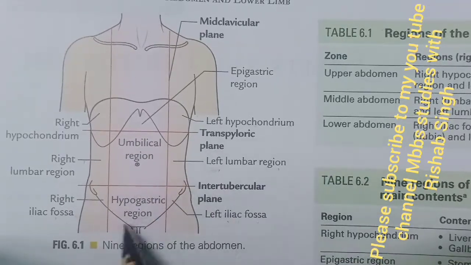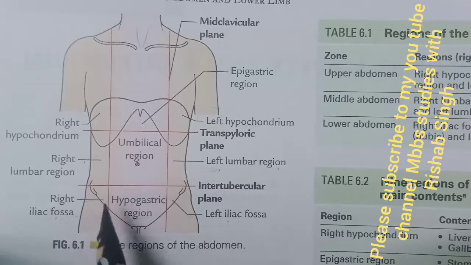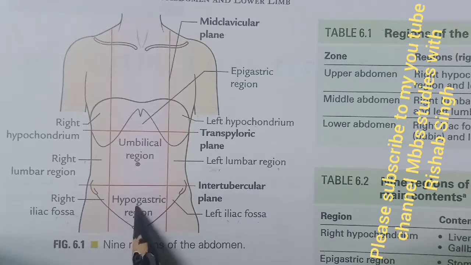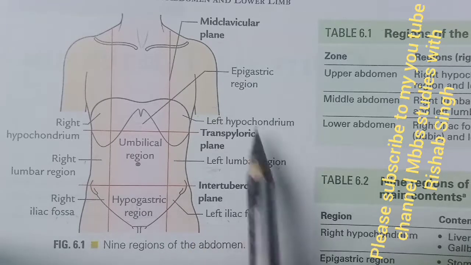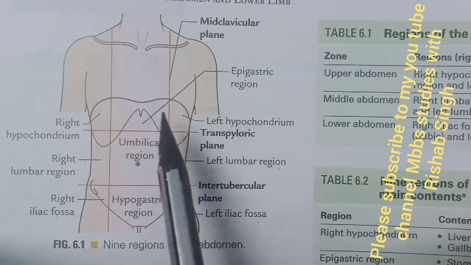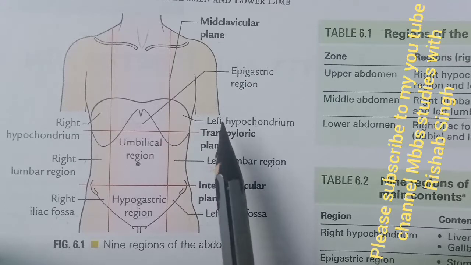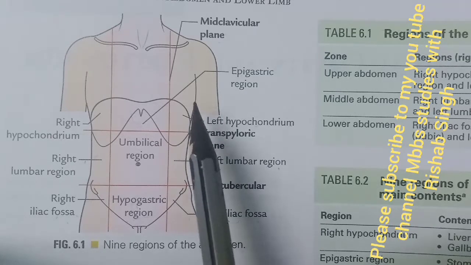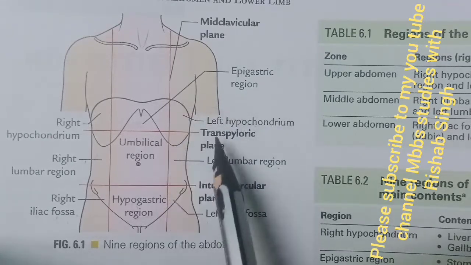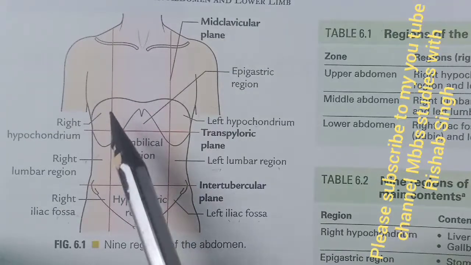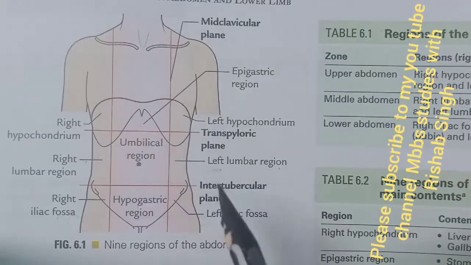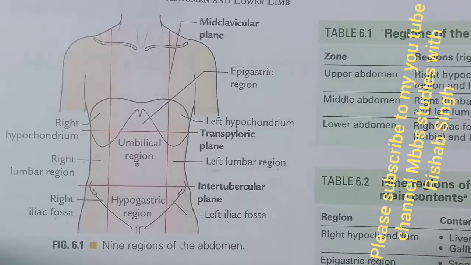Then the lower zone is where the right iliac fossa, hypogastric region and left iliac fossa are present. So these 9 regions of the abdomen are divided into 3 zones: upper abdomen, middle abdomen and lower abdomen, and each region has different contents as I explained earlier.